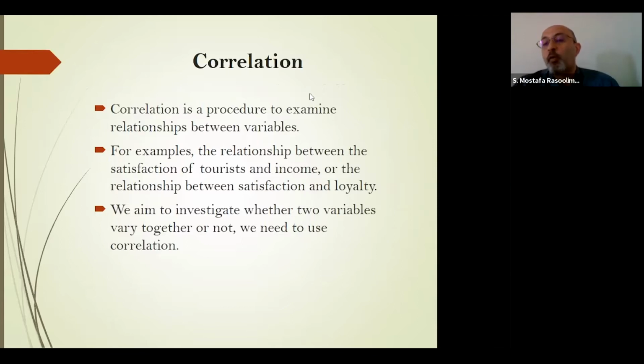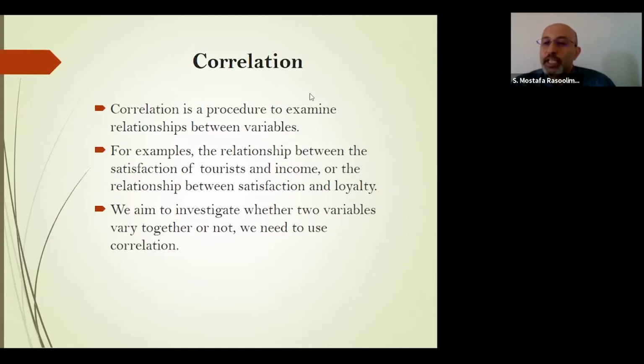It means we don't have a specific direction for the effect of X on Y. X can influence Y, or Y can influence X. So we don't have cause and effect. We don't have a causal relationship in correlation.